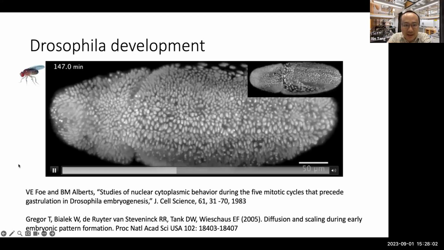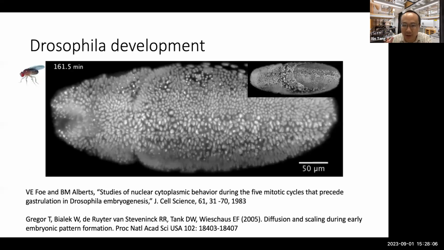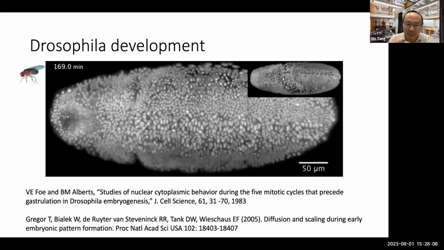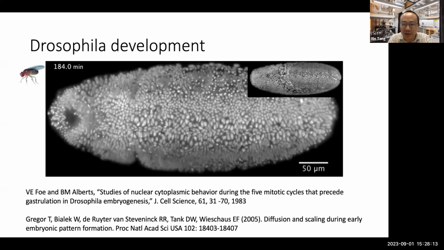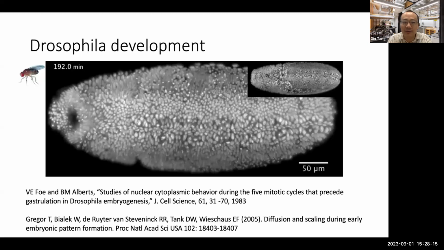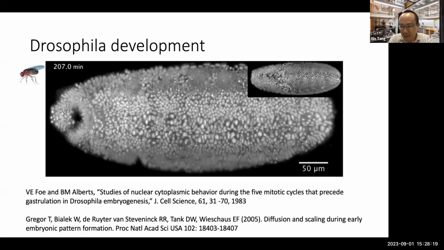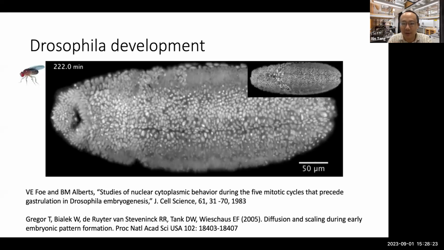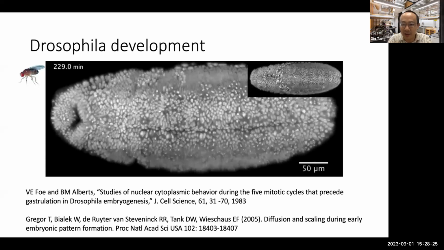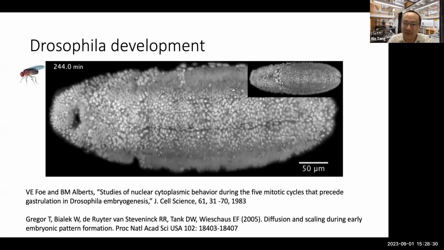What you see here is the 3D view of a small embryo when it is just laid, and then how the small embryo gradually develops into the larva. From the larva, I didn't put another video here, it gradually develops into the whole animal, and then the fly will really fly away.